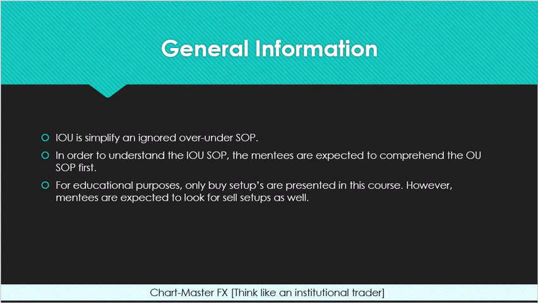As the name implies, ignored over under, you cannot know the ignored version of it if you don't have the knowledge about the actual setup itself, which is the over under. Once you master the over under, then you can know the ignored version of the over under.